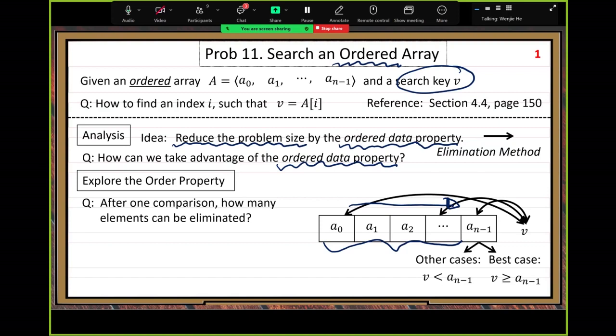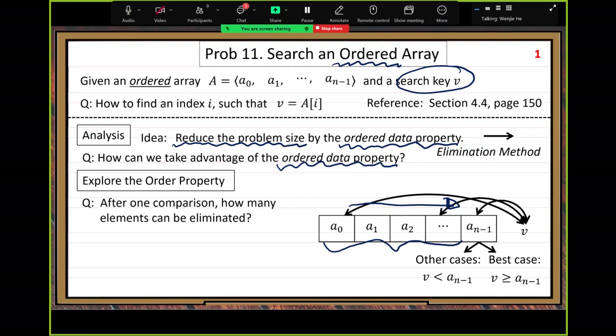You can only eliminate the last element from consideration, so your problem size reduction is very small. So this option is not a good one.